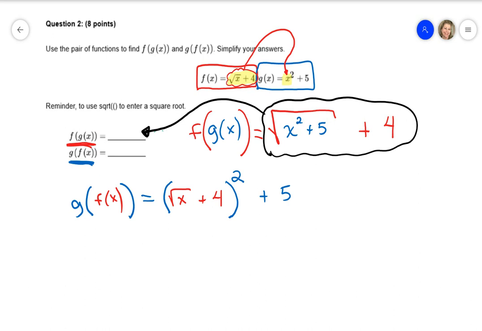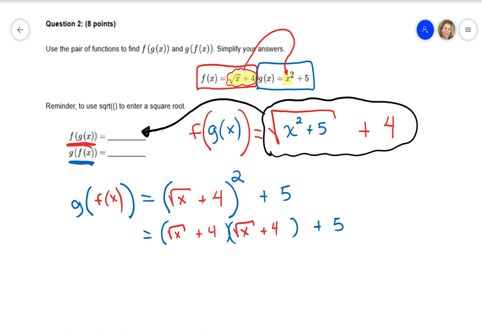Now, this one can be simplified. Because I have this square root of x plus 4 squared, I can actually square that out by using the FOIL method. I'll have the square root of x plus 4 times another square root of x plus 4.